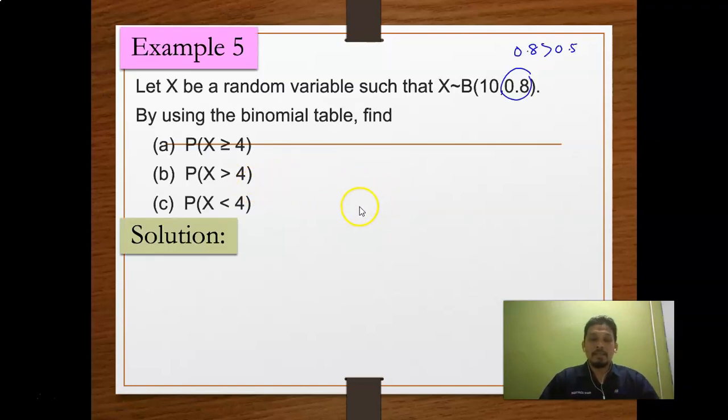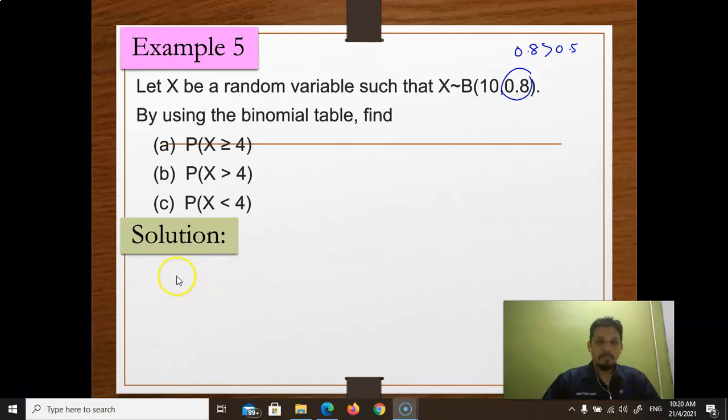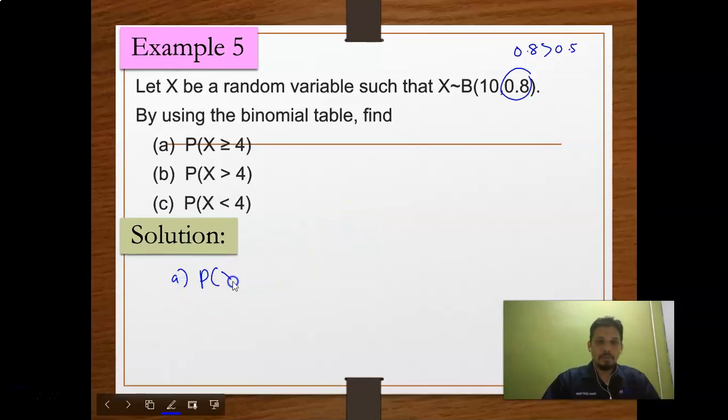Using the binomial table, find the probability of this. The first one, A, the probability of x greater than or equal to 4 is equal to the probability of y, so we change x to the term y, with greater than or equal changed to less than or equal.